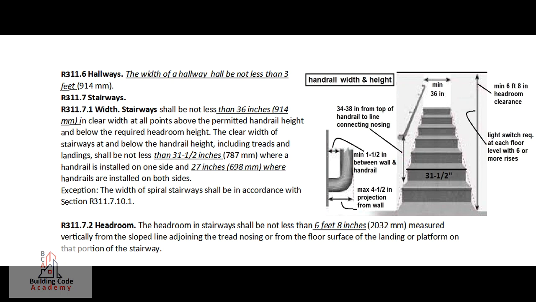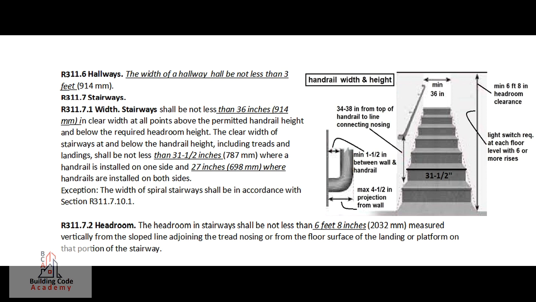R311.6 Hallways. The width of a hallway shall not be less than 3 feet, 914 millimeters. R311.7 Stairways. R311.7.1 Width. Stairways shall not be less than 36 inches, 914 millimeters, in clear width at all points above the permitted handrail height and below the required headroom height.